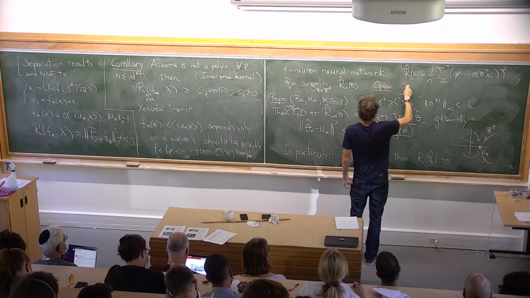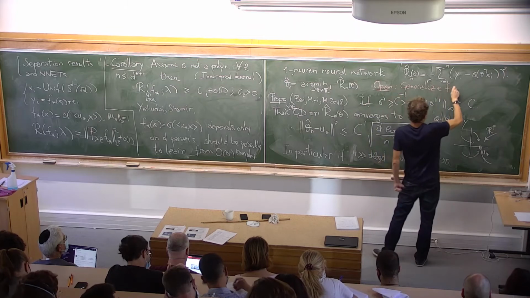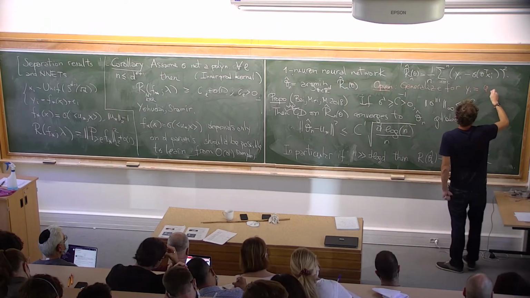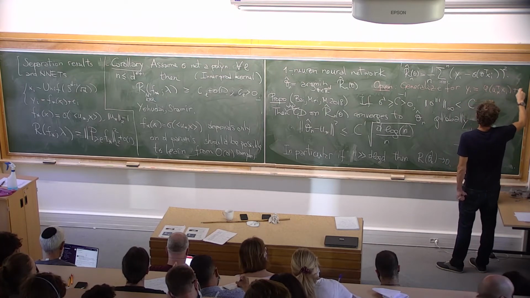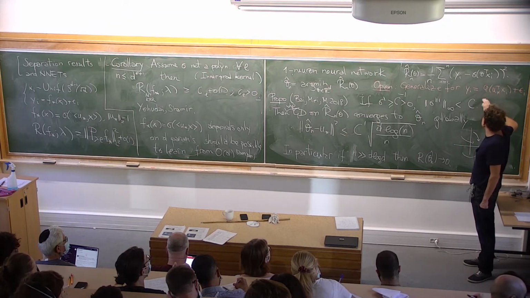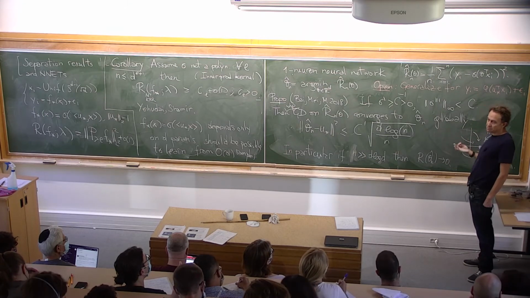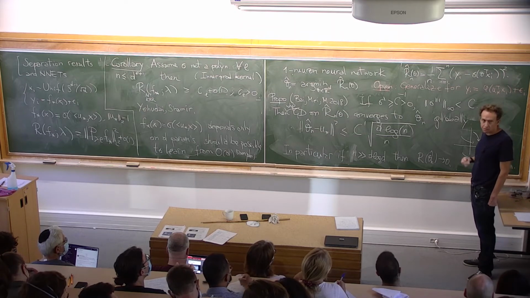Generalize for y_i equal some phi of u star transpose x_i plus noise. And I can give you some special function phi for which this theorem doesn't generalize. For instance, if you take phi to be a high degree Hermite polynomial, then it will not generalize.